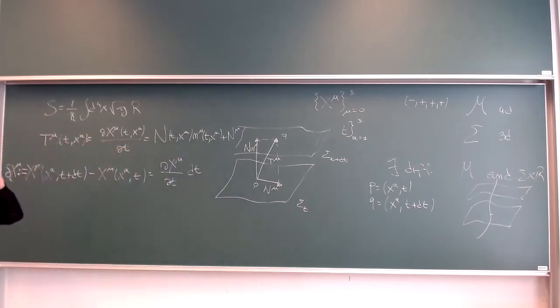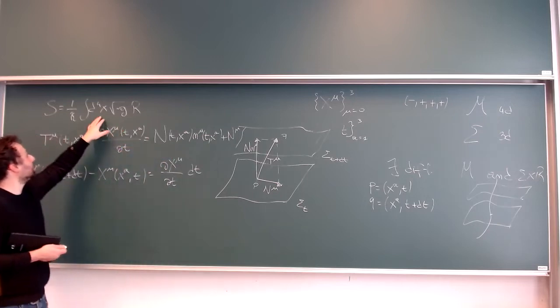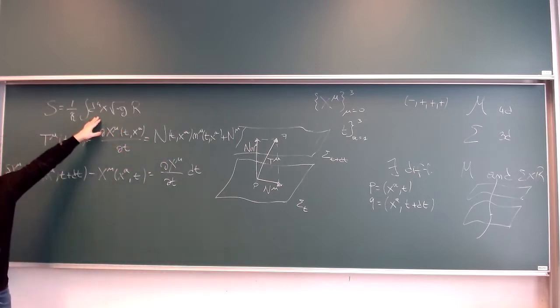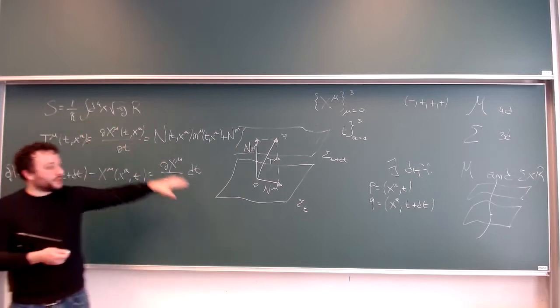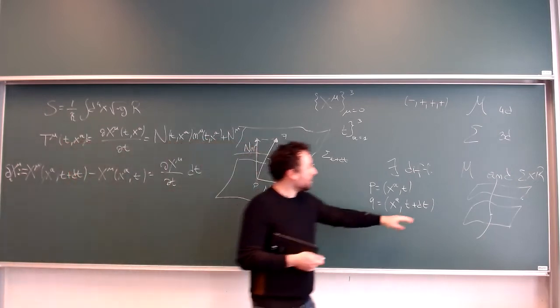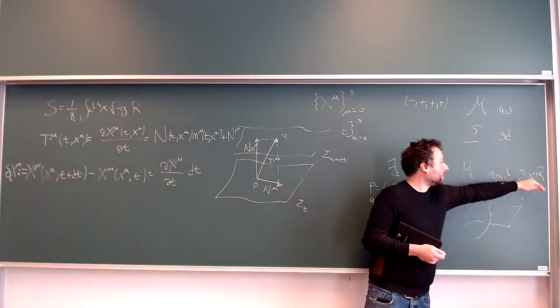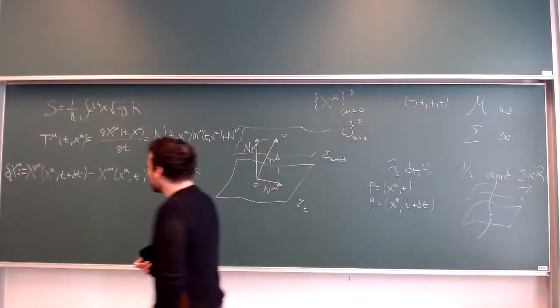Because if you want to do that, as I told you, here we want to split this d^4x into dt d^3x. So we want to split in these new coordinates, the coordinates from this to this.